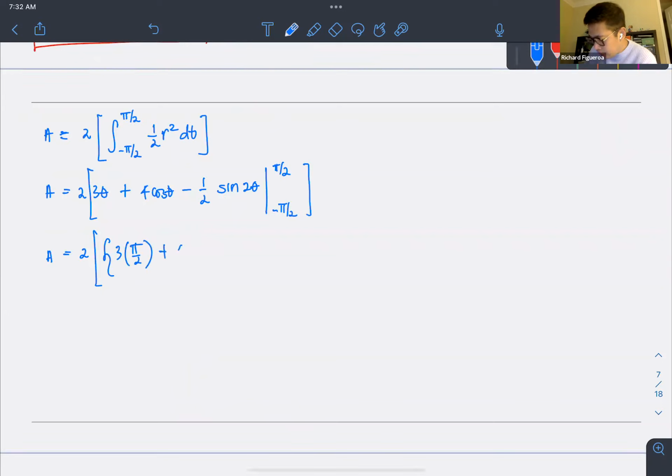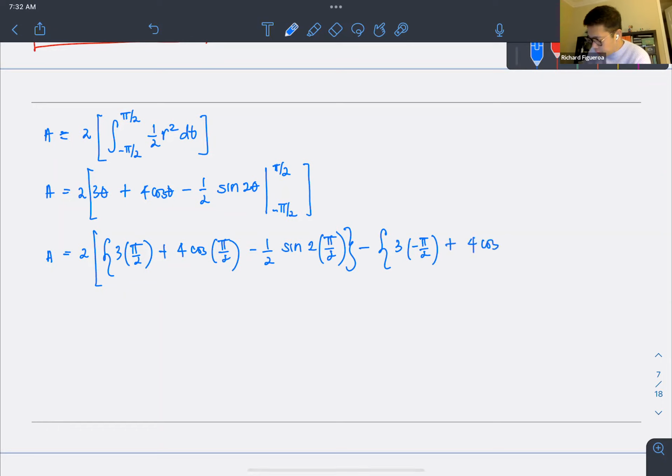Then plus 4 cosine pi all over 2 minus 1/2 sine 2 times pi all over 2, and minus the lower limit of 3 times negative pi all over 2, and then plus 4 cosine negative pi all over 2, and minus 1/2 sine 2 times negative pi all over 2.